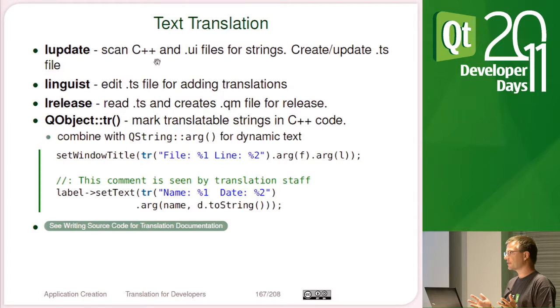And then there is Qt Linguist, which lets us edit the TS files, the translation files, so that a translator can translate all the texts. And then we have lrelease, which converts these readable TS files into binary QM files, which we normally deploy with our application.